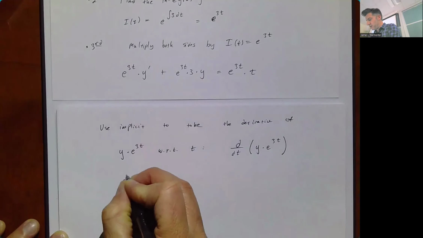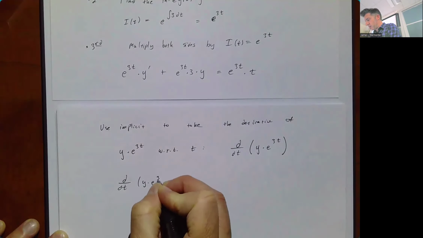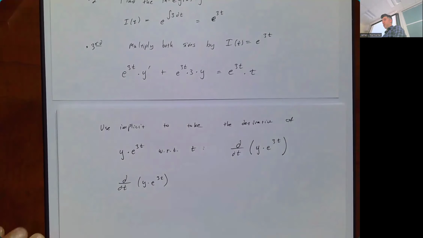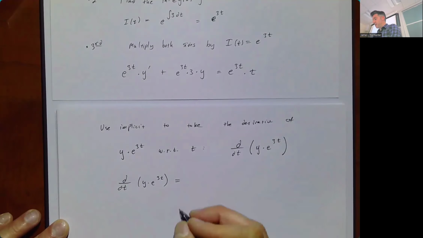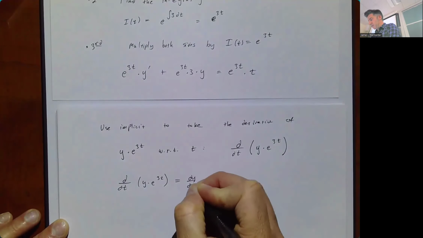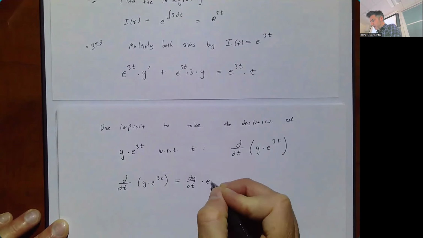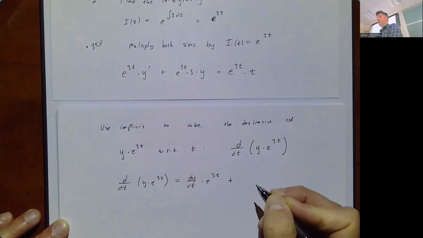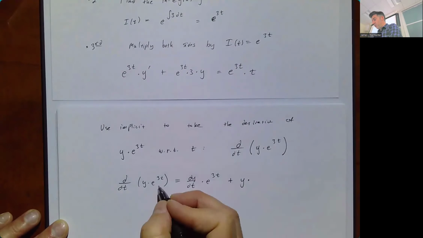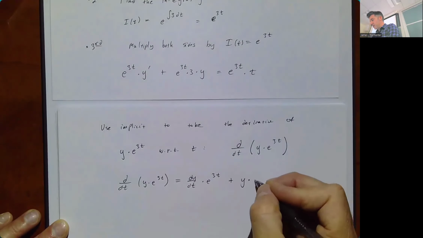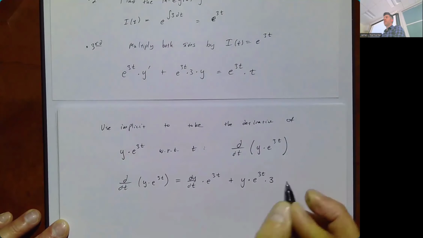So what do we get? The derivative of y times e to the 3t. Using the product rule, first we're going to get the derivative of y, which is just dy dt, or y prime if you prefer, times e to the 3t, plus, then we switch it up. We leave y alone. We multiply by the derivative of e to the 3t, which is e to the 3t times the derivative of 3t.